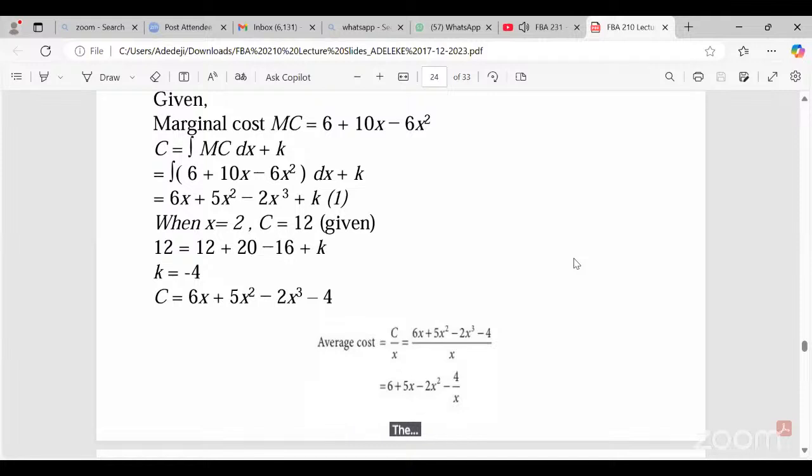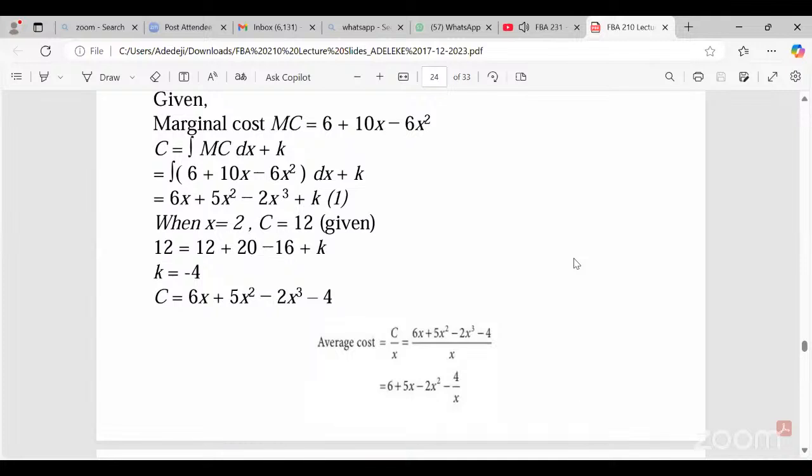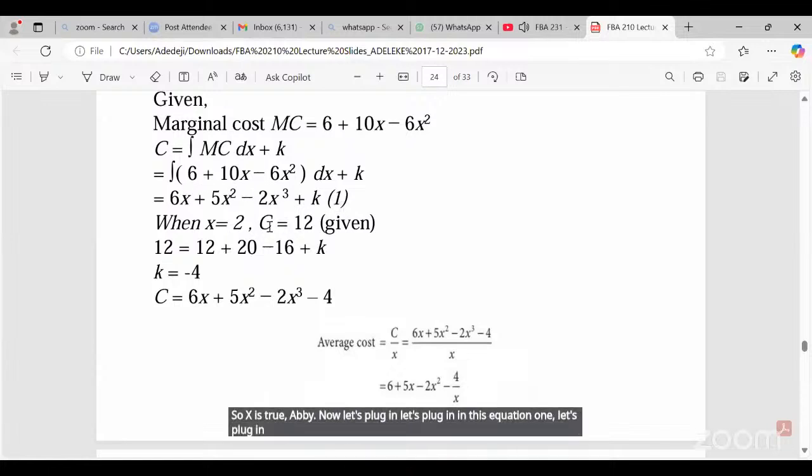The 12 plus 20 minus 16 plus k. Where did the 20 minus 16 come from? Is that 20 minus 2? 20 minus 2, minus 16. Okay, so x is 2. Let's plug in 2 in equation 1.